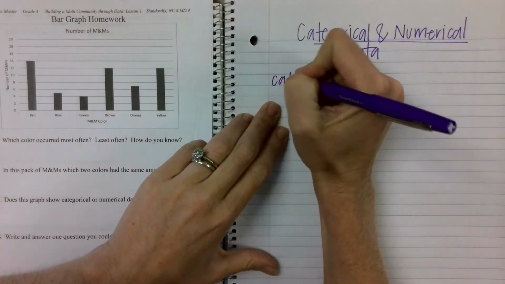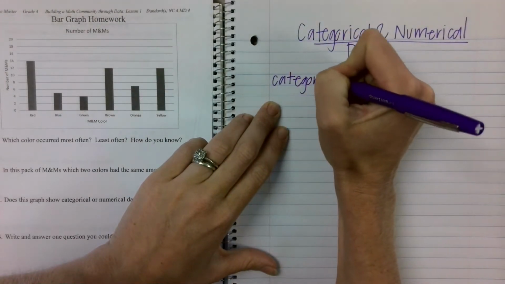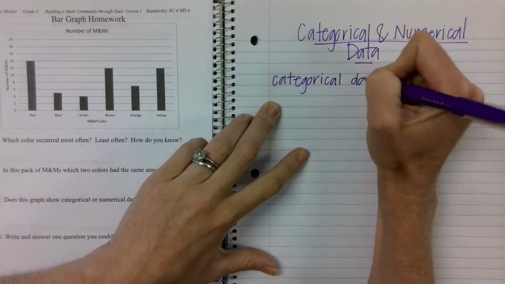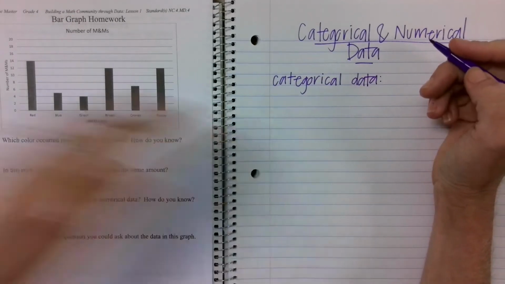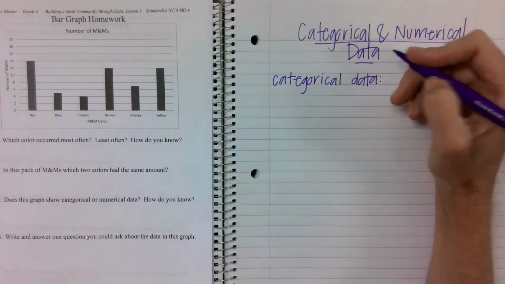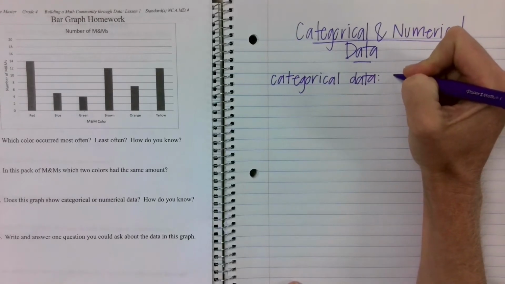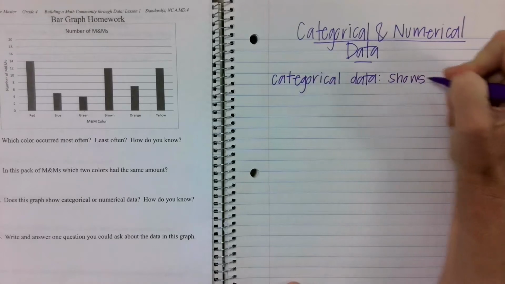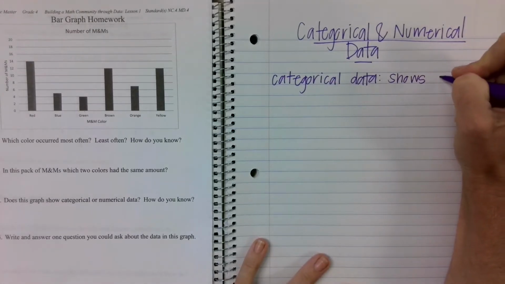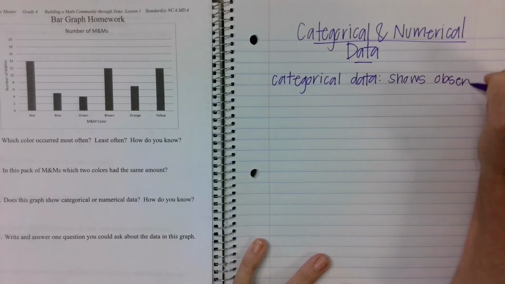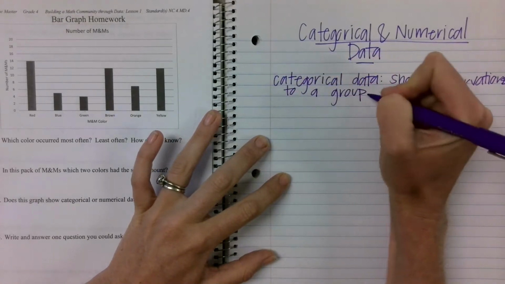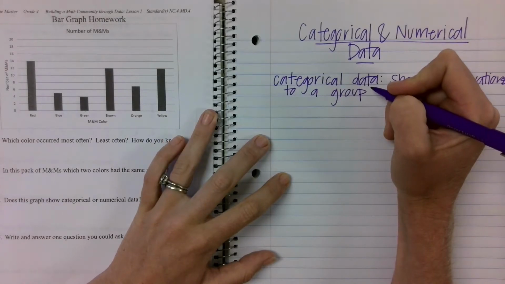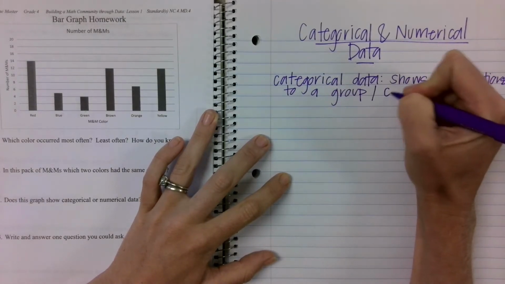So categorical data normally shows observation to a group slash, we'll say category.